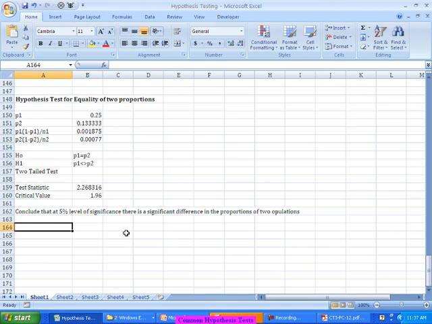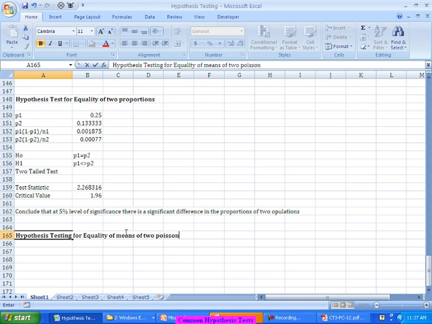So if at all I have to do a comparison of the proportions of two populations, we will resort to this kind of a test. And finally, in the same lot, we also have hypothesis testing for equality of means of two Poisson distributions.